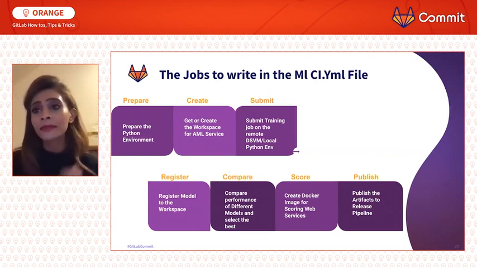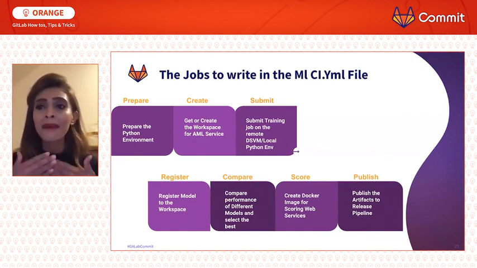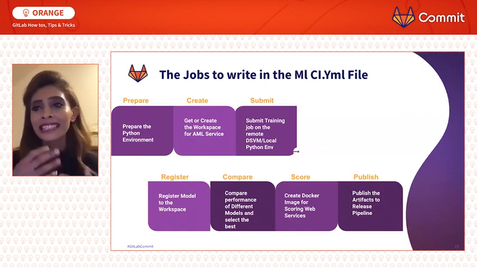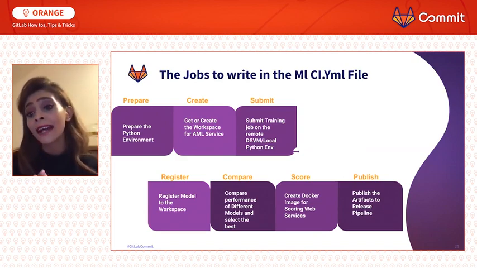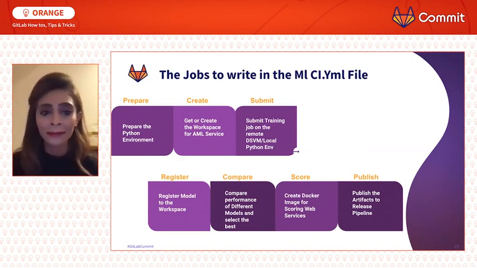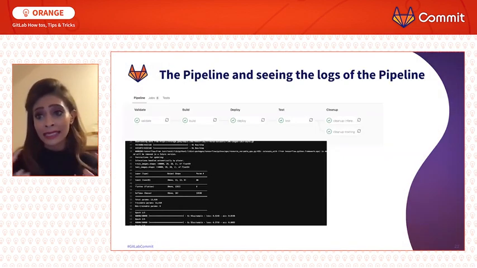One could be 80% accurate, one could be 70%, but having that as part of the CI YAML file. And then you score the model. So you create a Docker image for scoring web services. And finally, you publish those artifacts to the release pipeline.